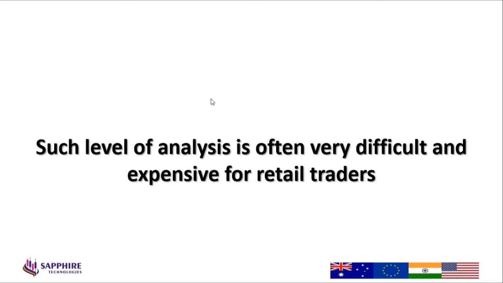Now, that level of analysis is extremely difficult for retail traders because it's a very time consuming, expensive process, and you need experts to go through each and every stock and ETF to make a decision as to whether or not this has a potential for the stock to go up or down, and accordingly they make decisions, which is very difficult for retail traders because either there's not enough time or there is not enough level of understanding and knowledge. And third, there could be other considerations which are not available to retail traders.